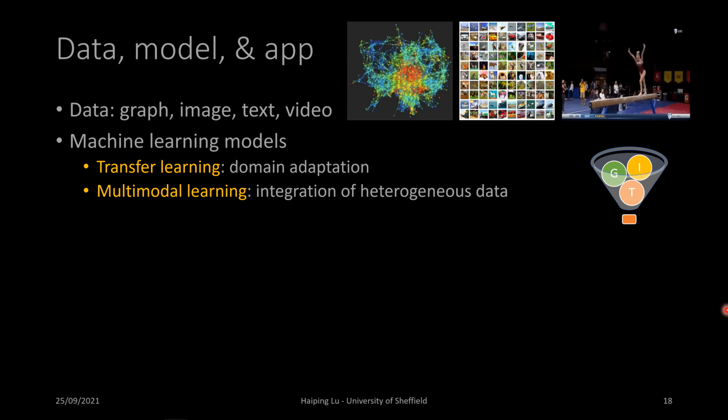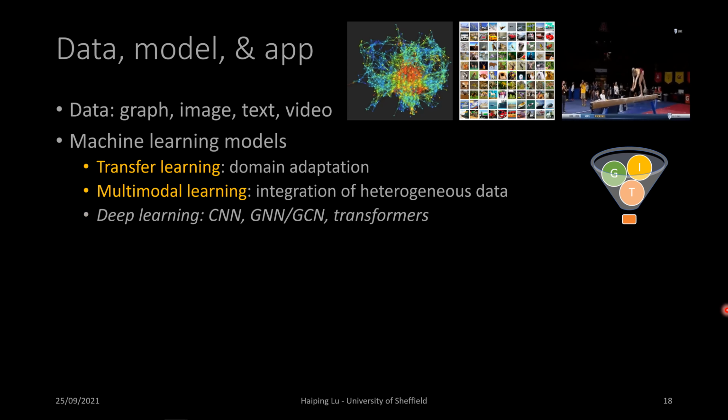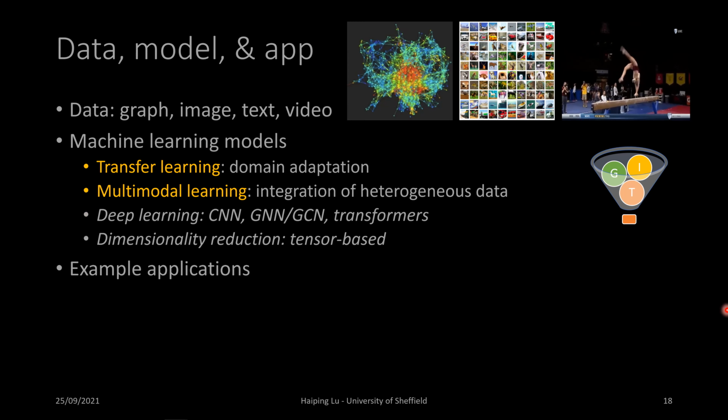That's why we started with building support for individual data modalities, including graph, image, text, and videos. We have deep learning modules built in, including convolutional neural networks, graph convolutional neural networks, and transformers. We also build in tensor-based dimensionality reduction APIs.